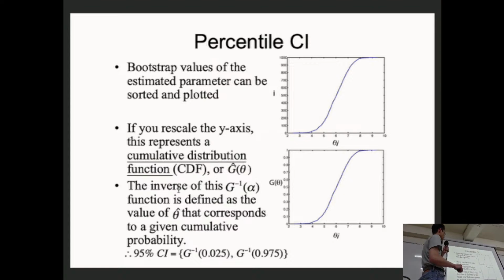We look at the location 0.025 here and 0.025 here, come down, take the inverse, and you get theta I as the lower limit. The upper bound is the 97.5 percentile, and you get your theta I as the upper limit.